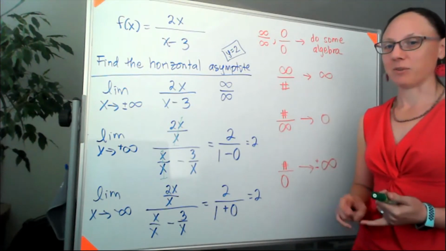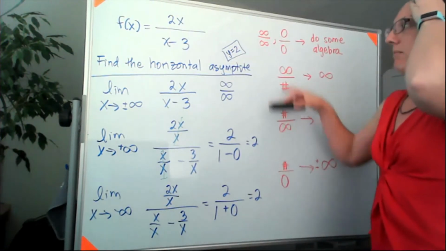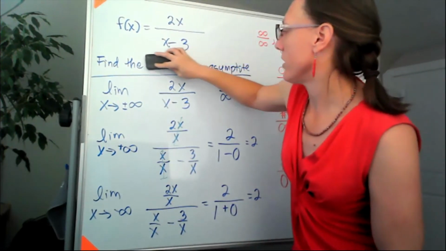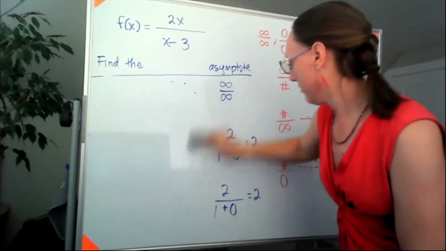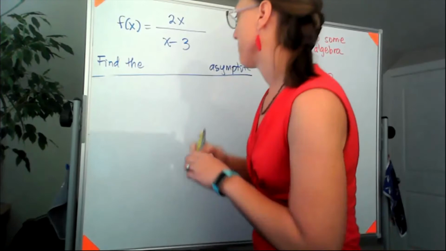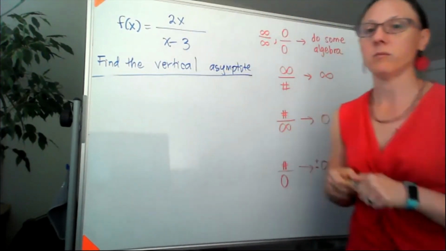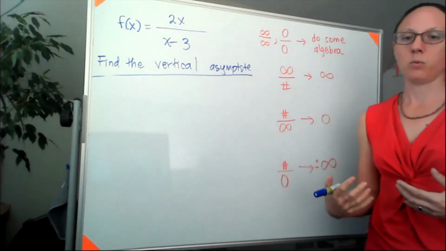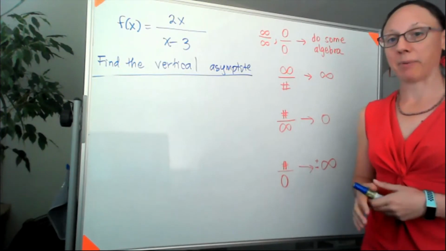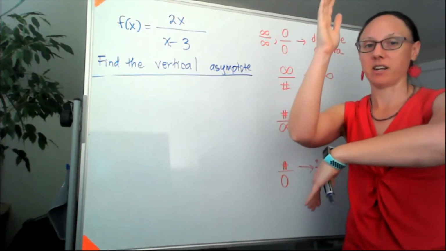Let's go ahead and talk about those vertical asymptotes, and then we'll get a couple more examples for your notes in terms of both horizontal and verticals. So change that to say vertical. The first thing that we should address in terms of vertical asymptotes is those are happening when my y value is approaching either positive infinity or negative infinity.